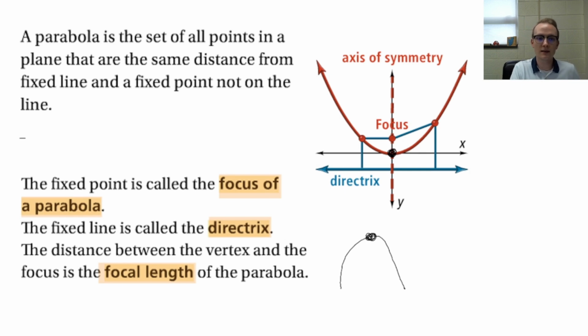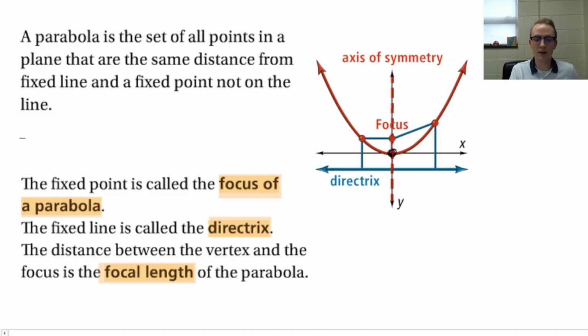So your vertex is the lowest or highest point in a vertical parabola, and it's pretty important in regard to the focus and the directrix, because since it is in the middle of your parabola, the vertex is going to be, just like every other point on this parabola, the same distance to the focus and to the directrix.